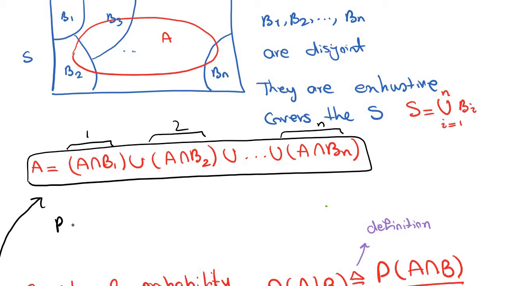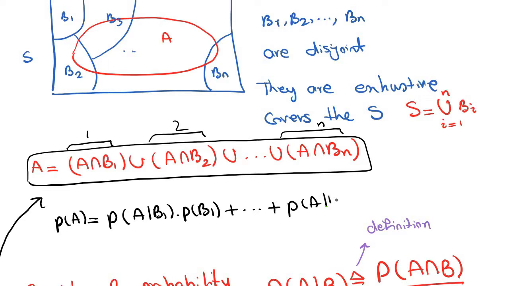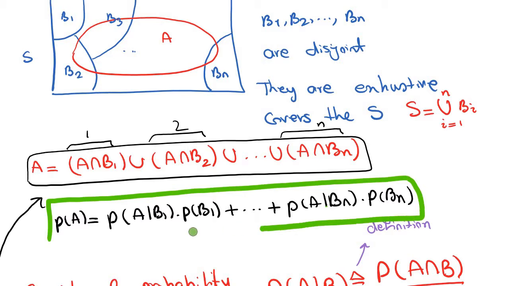So probability of A is probability of A given B1 times B1, up to probability of A given Bn times probability of Bn. This one we call total probability.